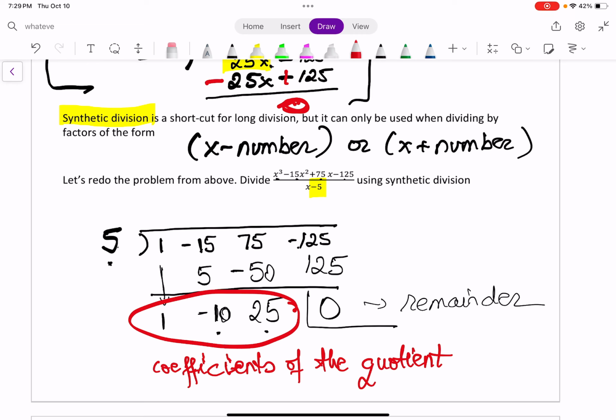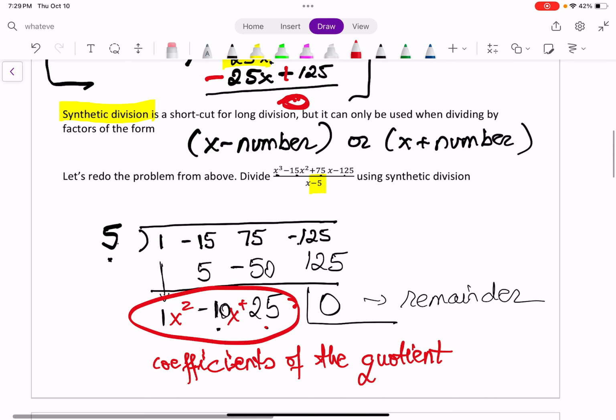All right, so in other words, the quotient of this division is: the 25 is the no x, the 10 is the x, and the 1 is the 1 for x squared. So my quotient is x squared minus 10x plus 25. So the last number is always the one with no x, right? And then going up, x, and then x squared, right?